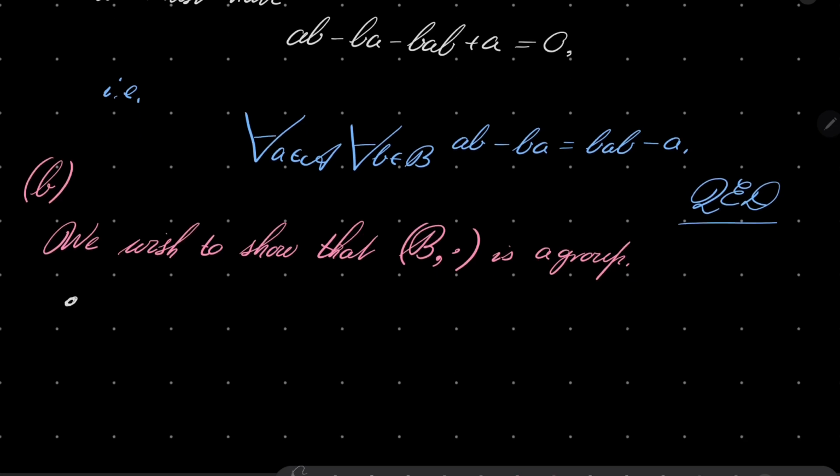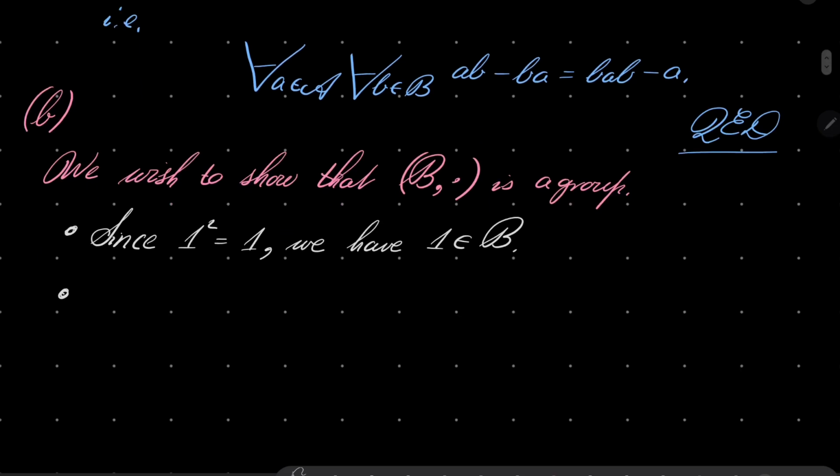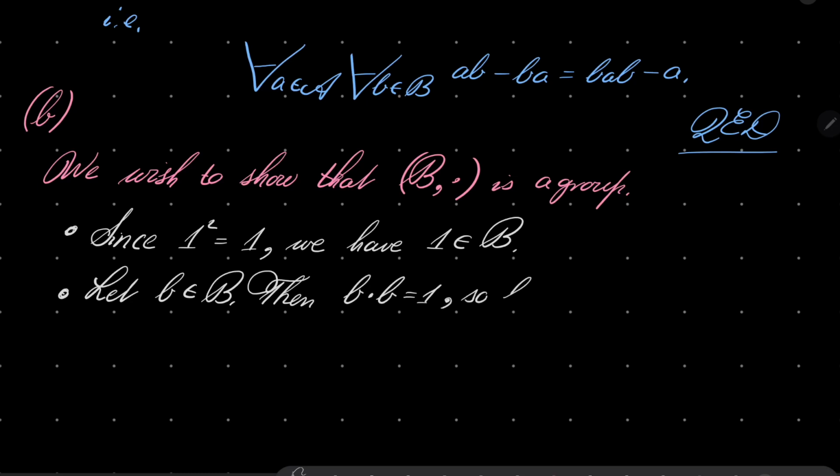Notice that since 1 squared is obviously 1, we have 1 is in B. No problem there. Moreover, let B be in our set B. Notice that then B times B is 1. So the inverse of element B is B itself, which is again in B. So if some element is in B, its inverse is also in B.